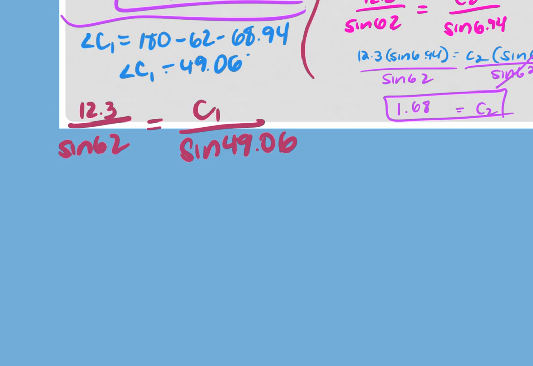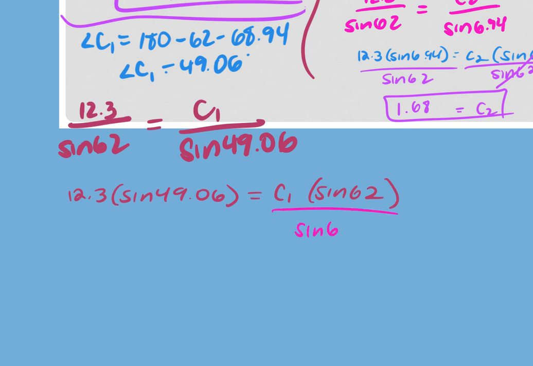Just make sure you're really careful you know what you solved for. 12.3 times the sine of 49.06 equals C1 times the sine of 62. And then divide both sides by the sine of 62. And I get 12.3 sine of 49.06 divided by the sine of 62. 10.52.